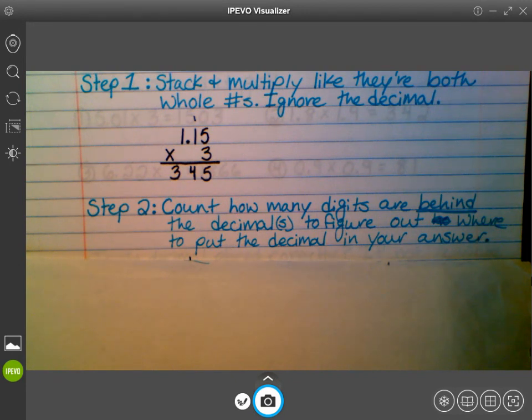Then we go back up to the numbers we just multiplied and look at how many digits are behind decimal points in those two numbers. That is going to let us know where to put the decimal point in our answer. Thumbs up on your desk when you have step 2 written down. Then I'm going to explain to you what I mean.